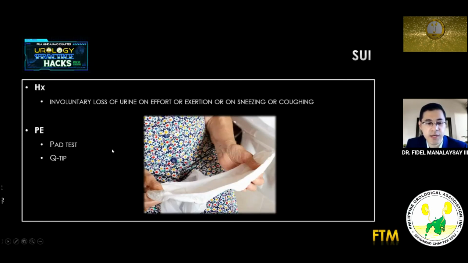Other tests, like urodynamics, are optional. It is accepted worldwide that we should not request a urodynamic study for patients with simple and pure stress urinary incontinence.